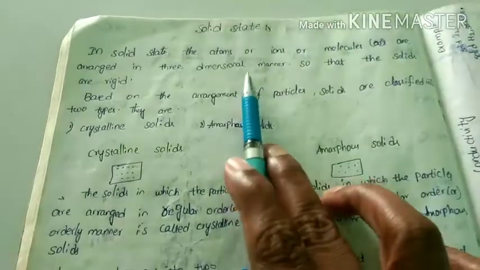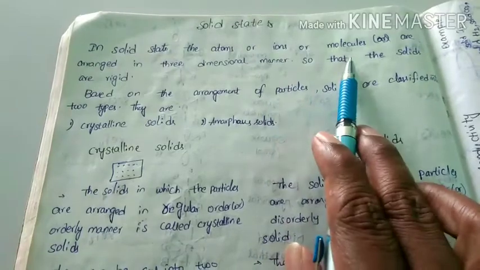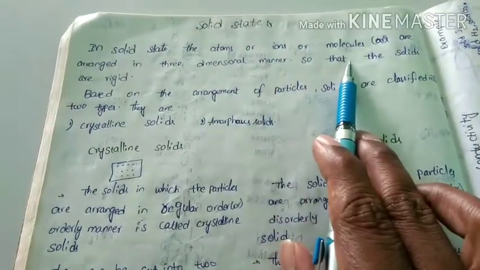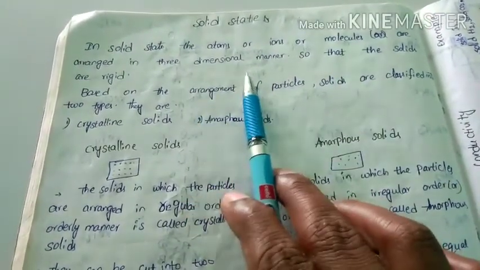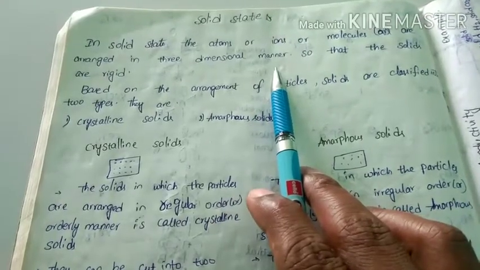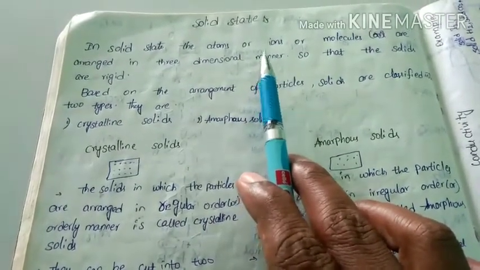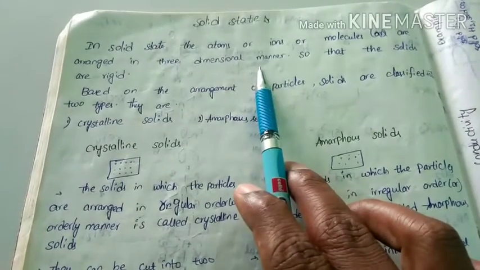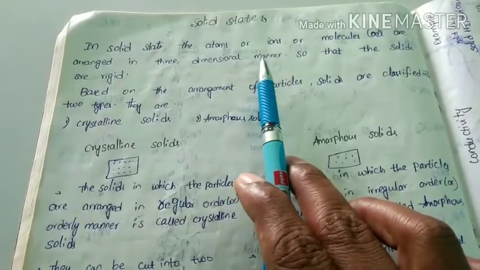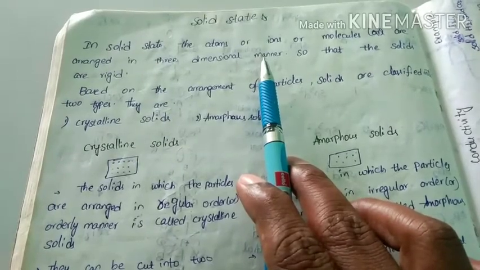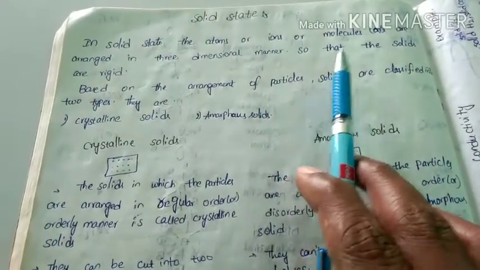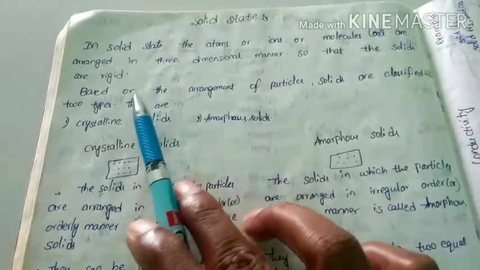So in the solid state, the atoms or ions or molecules, nothing but particles, are arranged in a three-dimensional manner and are closely packed. That means the attractions between particles are very strong, so that they are rigid.